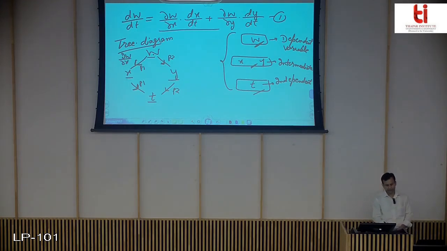Similarly, differentiation of x with respect to t, the upper variable with respect to the lower variable, is dx by dt. Why is it ordinary? Because now x and y depend upon the single variable t, so we should have an ordinary derivative here. So this is your path 1. Here you get the derivative del w by del x, dx by dt.